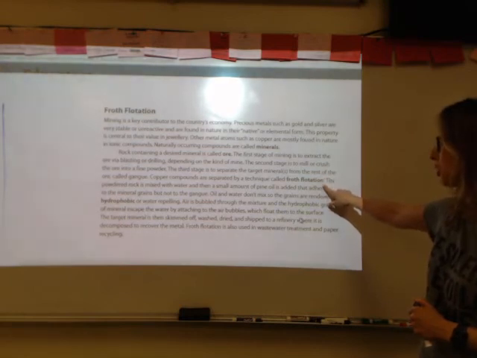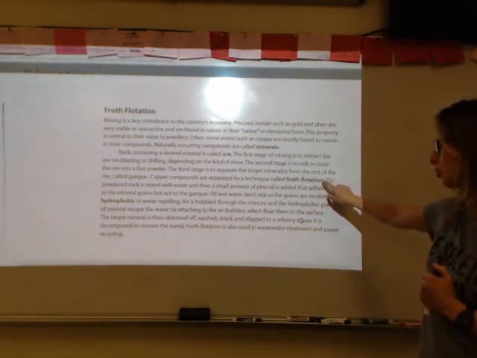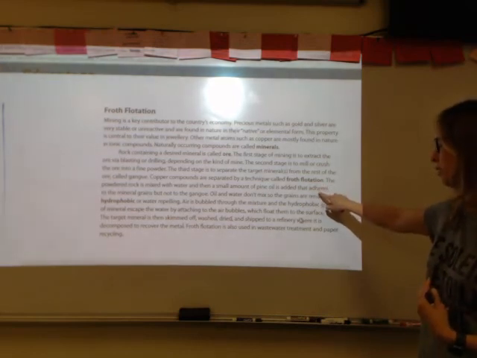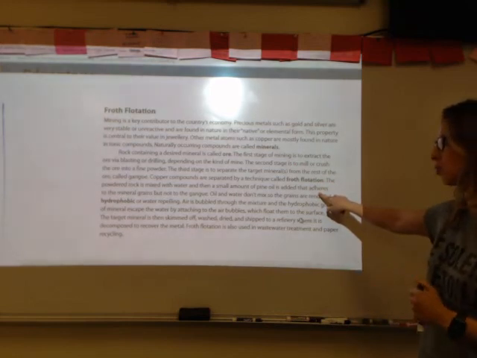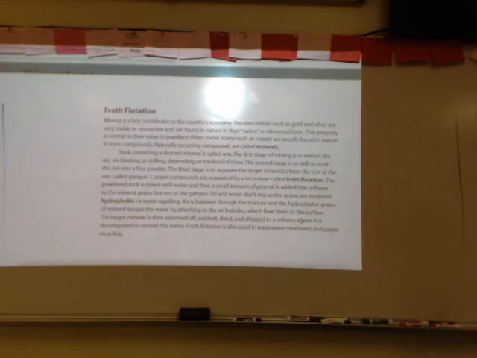And we can do this by something called froth flotation. So if I want to separate copper compounds, I would use this. That's where we mix the powdered rock with water and then a little bit of an oil. And the oil is going to stick to the minerals. Since oil and water don't mix, the grains become hydrophobic and they float on water because they repel water.